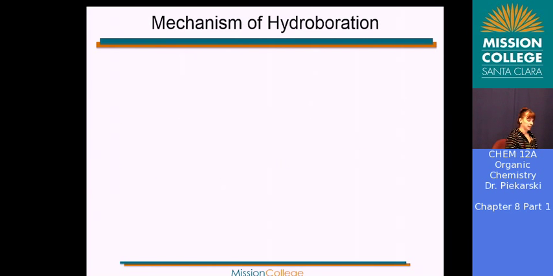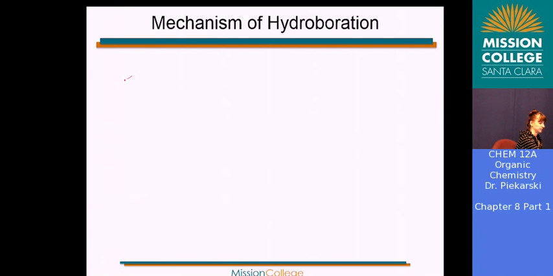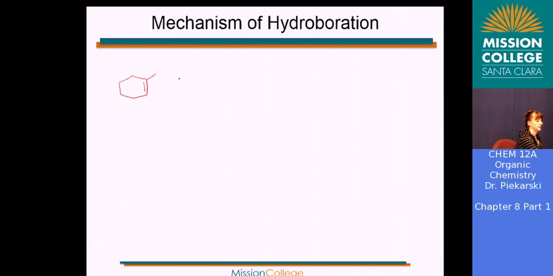So basically, start with my red. And we have BH3. And I'm going to show you the transition state that's proposed, not necessarily the intermediate that I just showed you on the previous slide.